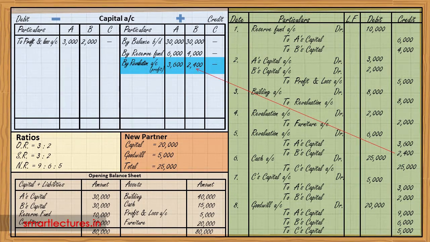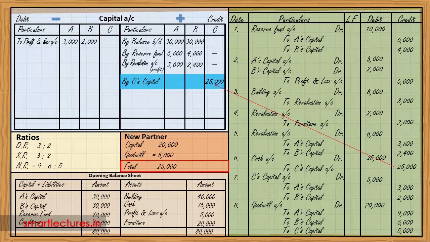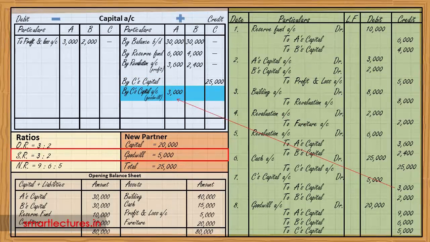Then C comes as a new partner. So by C's capital on credit side 25,000 in the column of C. Then there was adjustment entry for the Goodwill, in which A and B were credited and C was debited. So by C's capital account, in the inner column Goodwill 3,000 in the column of A and 2,000 in the column of B. It means A and B has been credited.